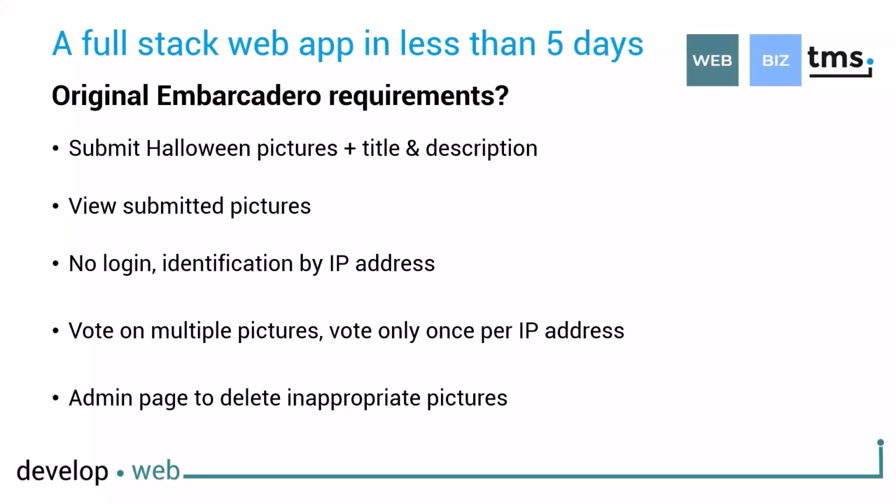First of all, it should be possible to submit pictures via the web application, and along with these pictures, also include a title and a description. It should be possible to see a list of all the pictures that were submitted by everyone using the application.